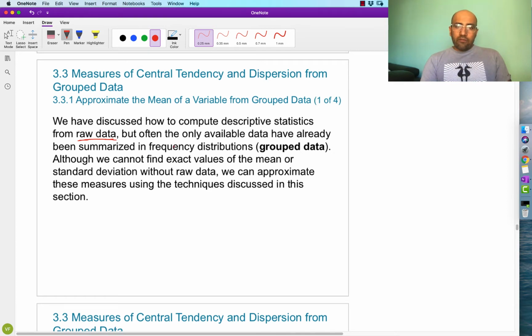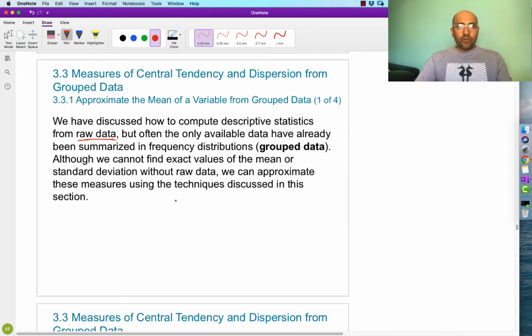But often the only available data have already been summarized in frequency distributions or group data. Although we cannot find the exact values of the mean or the standard deviation without the raw data, we can approximate these measures using the techniques discussed in this section. So it is an inferior process.